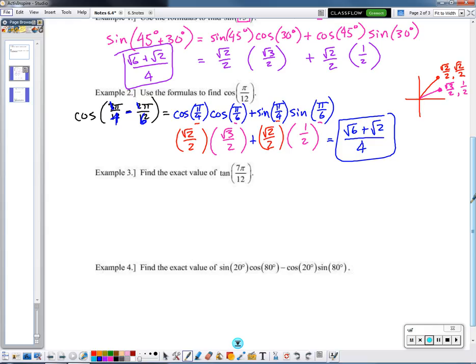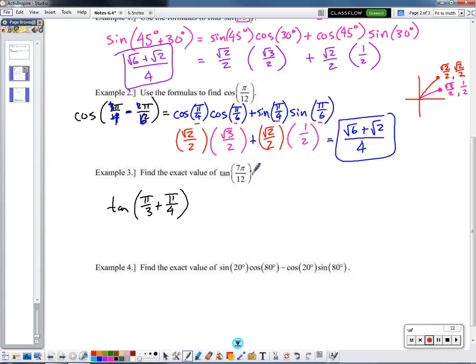The two angles I would have picked probably would have been tangent of pi over 3 plus the tangent of pi over 4. When I add those up, this is really 4 pi over 12, and this is 3 pi over 12, which adds to 7 pi over 12.